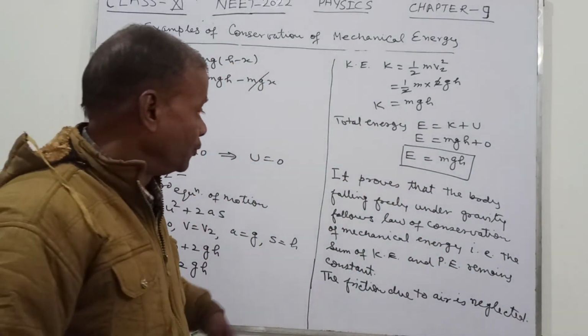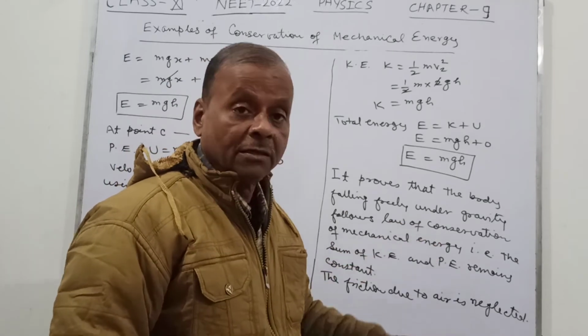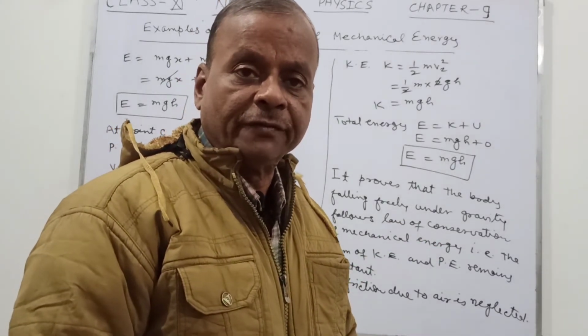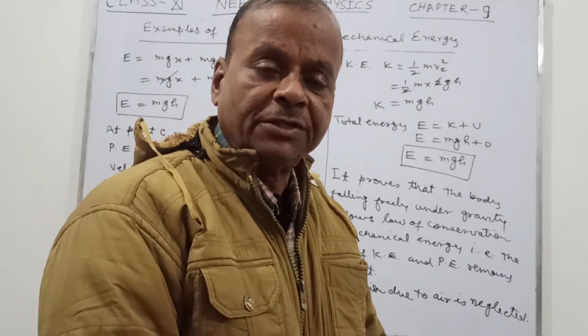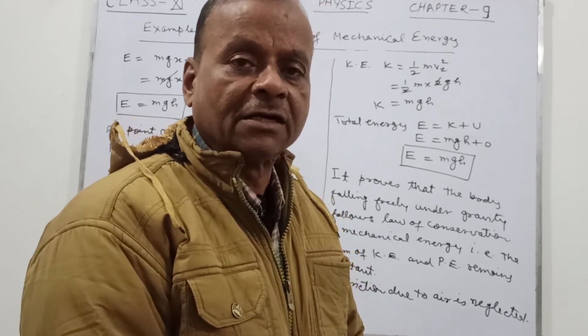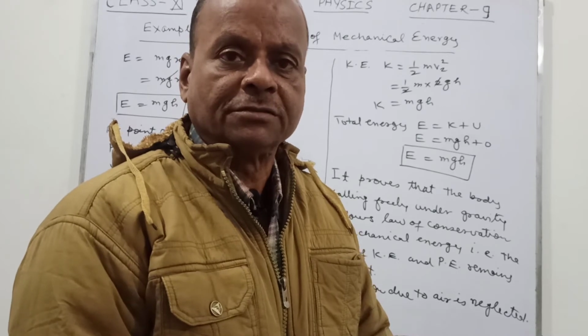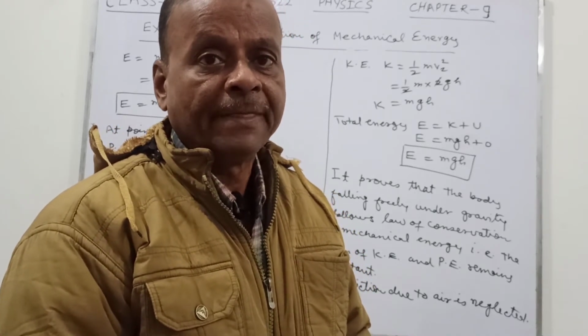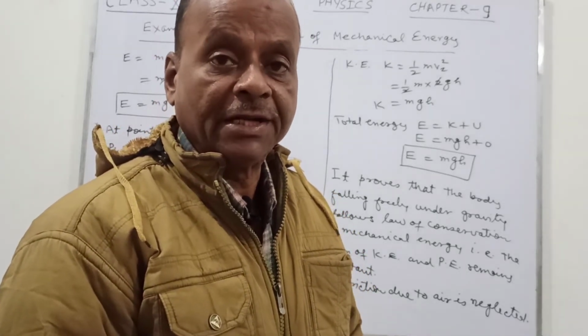So the body is falling under gravity, under the gravitational field of the earth. In that case, the sum of the potential energy and the kinetic energy is constant. This is the first example of the law of conservation of mechanical energy.